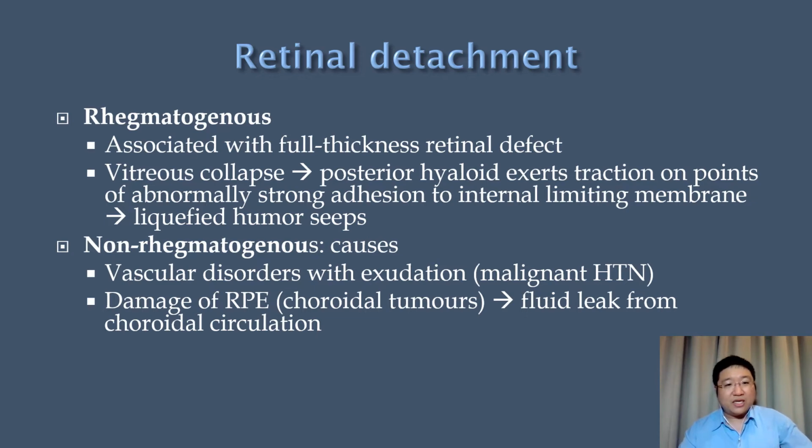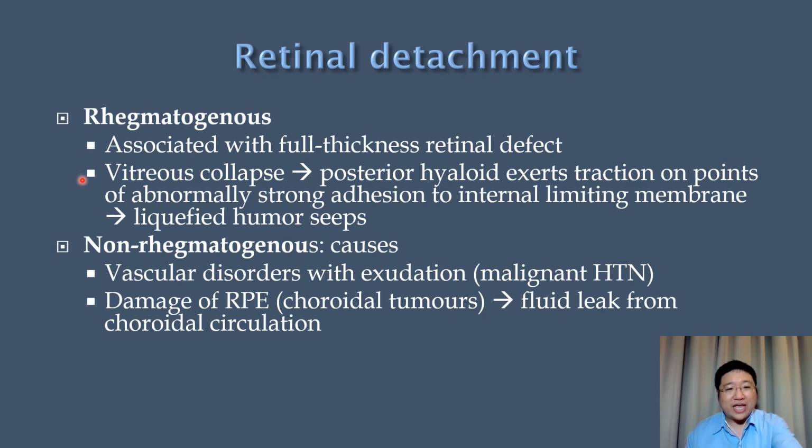So we can divide the condition into two groups: rhegmatogenous, that is breaking of the retina, and non-rhegmatogenous, no breaking of the retina. Rhegmatogenous is associated with a full thickness retinal defect.